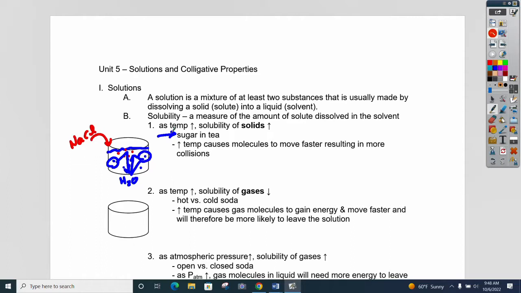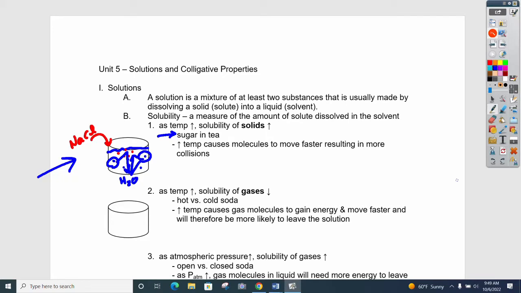Why? The tea, the solvent in that case, is moving around faster. The molecules are truly moving through that container at a faster rate, and therefore they interact with the sugar faster, causing more collisions. And the more collisions you cause, the more interactions between the solute and the solvent you can create, the faster that water is going to wiggle itself in between, in our example over here, the sodium ions and the chloride ions, causing them to separate and to dissolve.